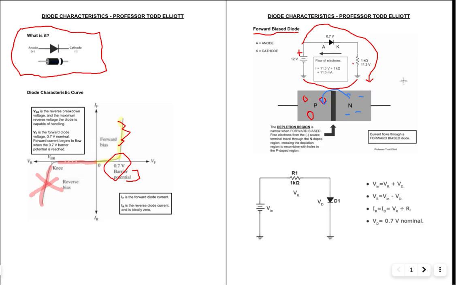So to summarize, a forward bias diode has a nominal 0.7 volts between anode to cathode. The cathode is 0.7 volts negative with respect to the anode, or the anode's 0.7 volts more positive than the cathode, just looking at it from two different sides. The negative plate on the battery has a strong negative charge. It will repel the free electrons in the doped N region.